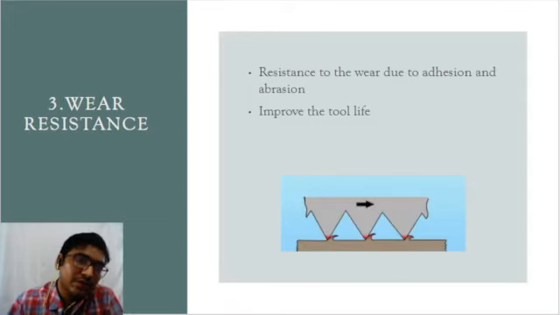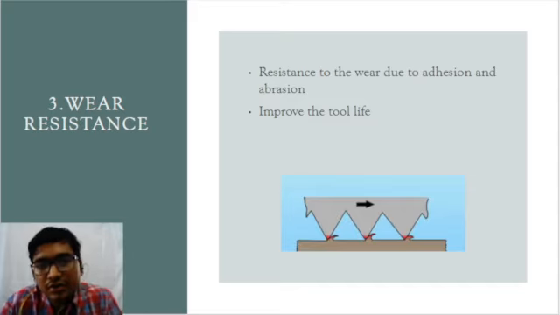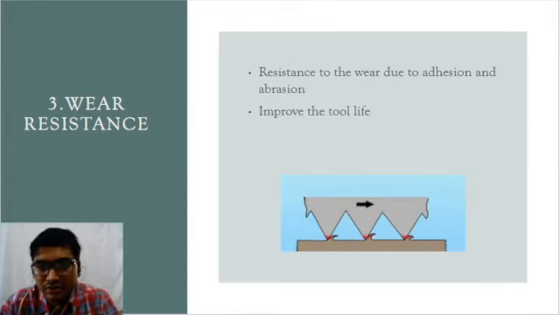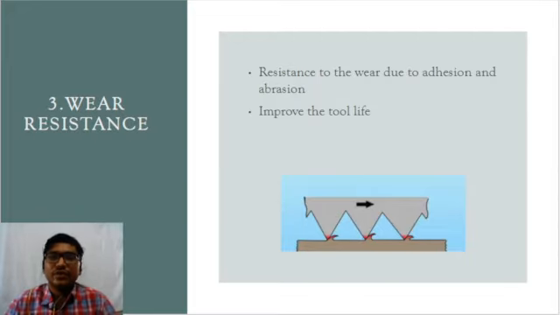And the next property we are going to see is wear resistance. Wear resistance is the resistance to wear due to the adhesion or abrasion between two materials. Generally, when we put two materials in contact, there is some adhesion and abrasion between them.